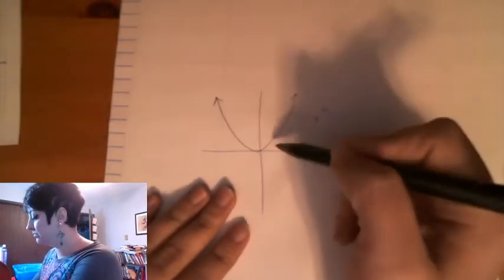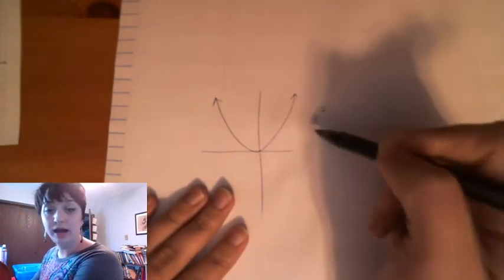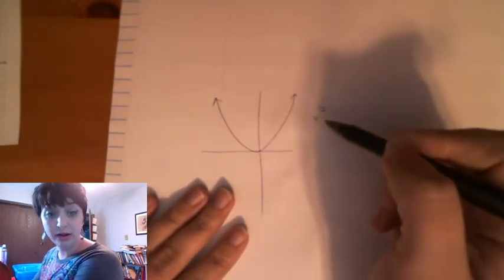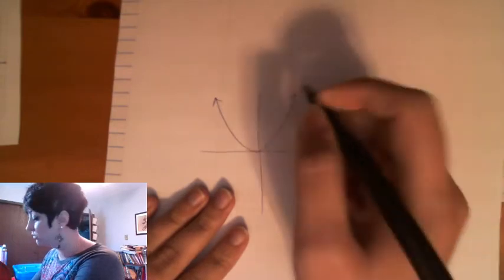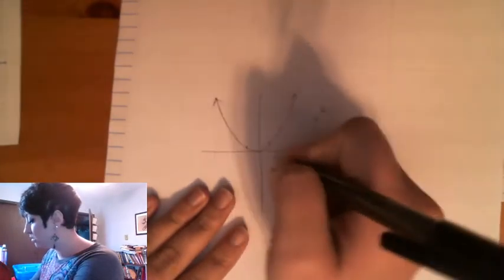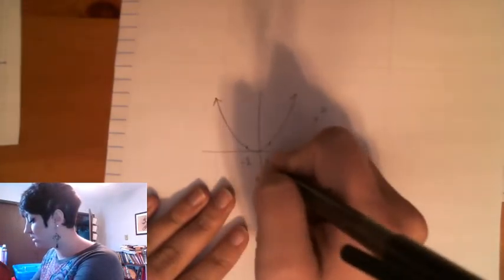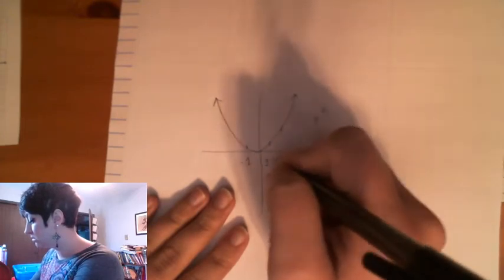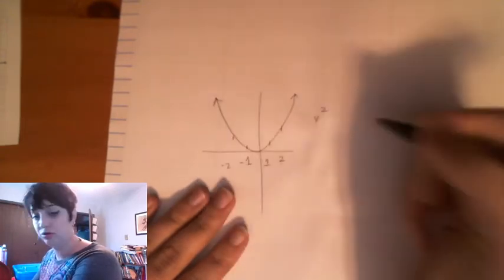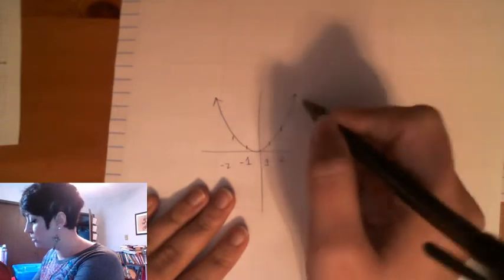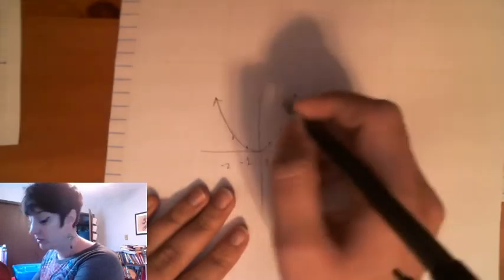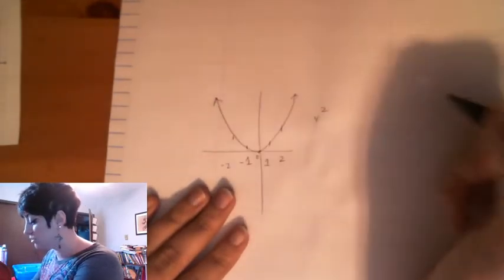Now, you know that x squared, or squaring something, gets rid of negatives. So both 1 and -1 are the same thing. 2 and -2 are the same thing, right? So there's this symmetry, and they both go down to 0.